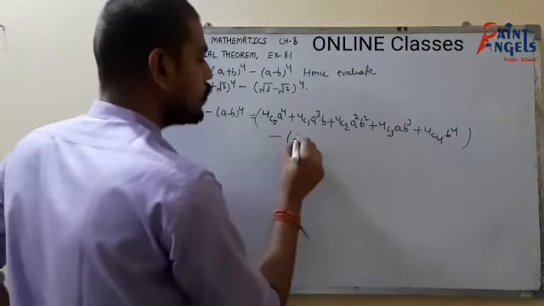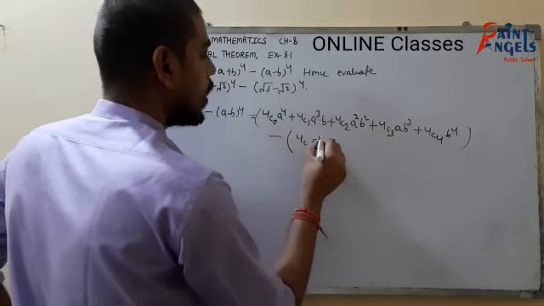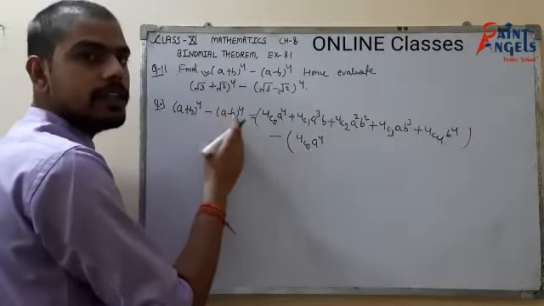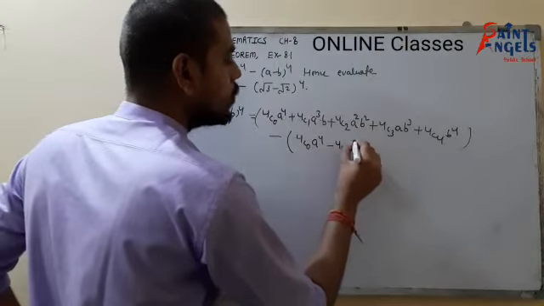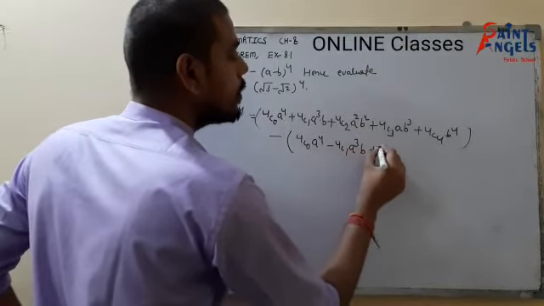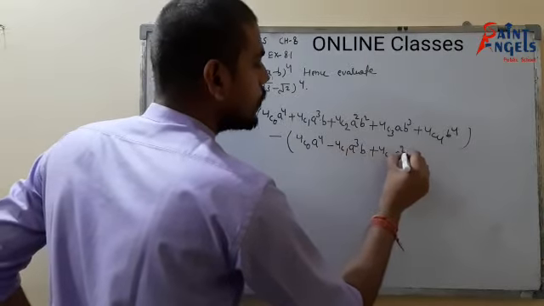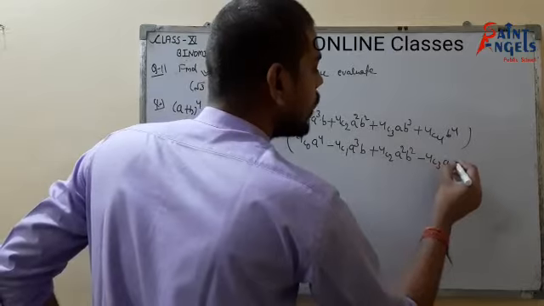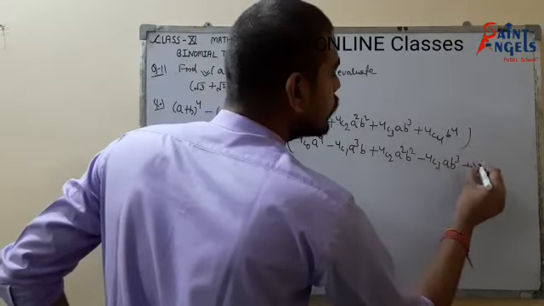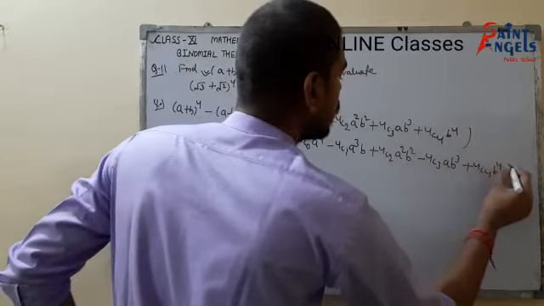Now the formula for (a − b) to the power 4 would be 4C0 a^4, and because we have minus, in alternate terms we will get minus. So minus 4C1 a^3 b + 4C2 a^2 b^2 − 4C3 a b^3 + 4C4 b^4.